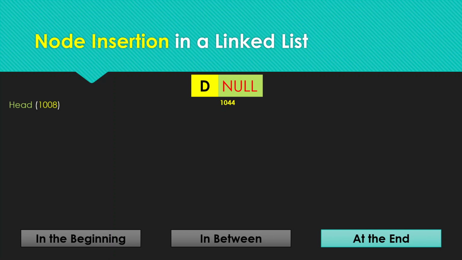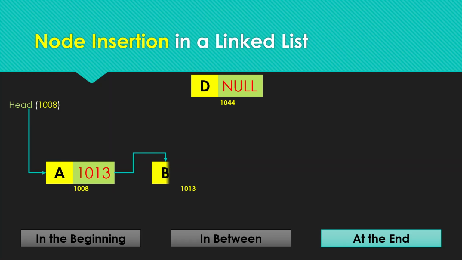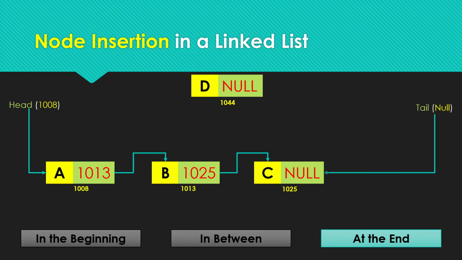The second condition, which applies here: if the head has an address, then we simply traverse the linked list until we get to the very end of the linked list. When we encounter the null value, we know that we are at the end.